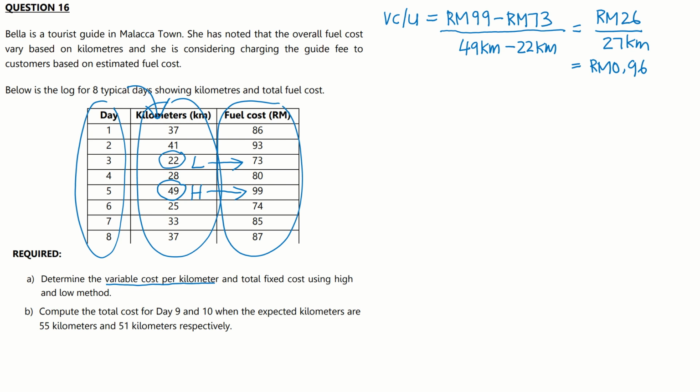If you get 0.9629 something, just round the answer to 2 decimal places, provided that the data extracted is correct, that is, the highest and the lowest activity level. Then it will be fine. So that will be the variable cost per unit, 96 cents per kilometer.